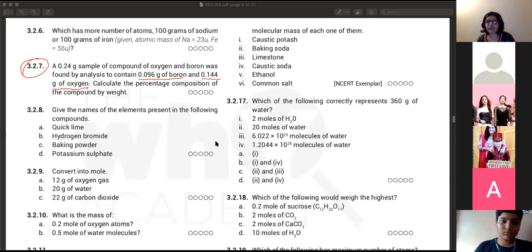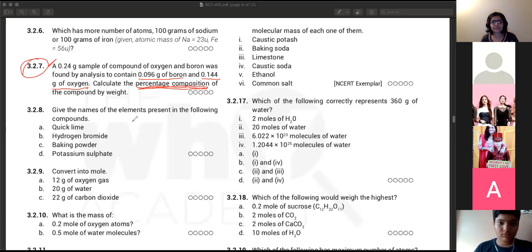Yes, ma'am. Okay, how will you go about it? What do you mean by percentage composition in this question? Ma'am, by percentage composition we mean the percentage in which the elements constitute the compound. Yes, fine. So how will you find the percentage composition in this problem?